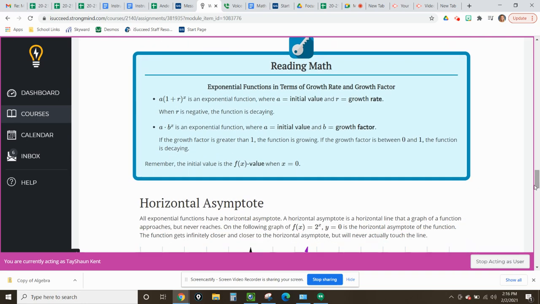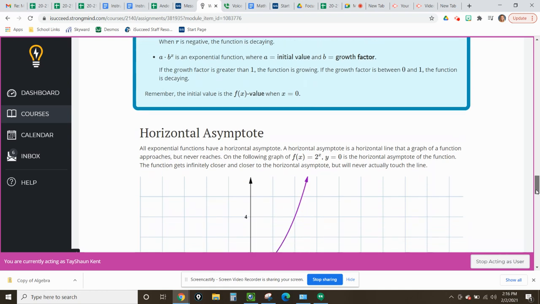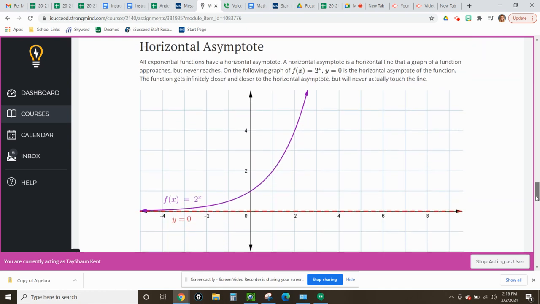So we have exponential functions in terms of growth rate and growth factor. We basically went over all of that and already have that in our notes. Horizontal asymptote. All exponential functions have a horizontal asymptote. The horizontal asymptote is a horizontal line that a graph of a function approaches but never reaches.